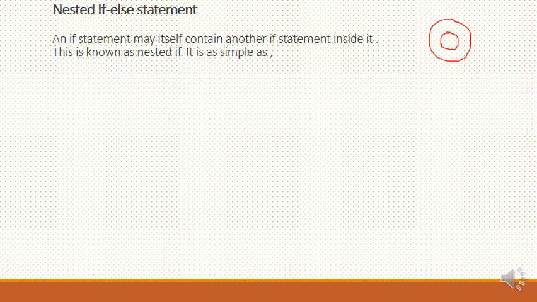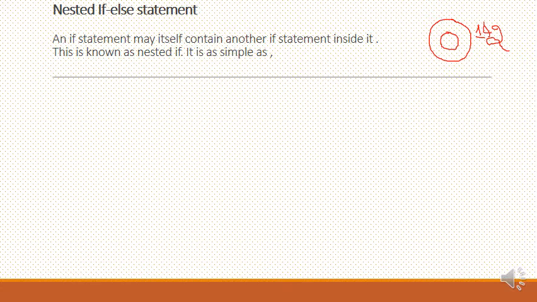But in some situations I need to check two conditions. That means first it should check that the first condition is true and the second condition is also true. If both conditions are true, then some set of statements should be executed. In that type of situation we use the nested if-else statement.